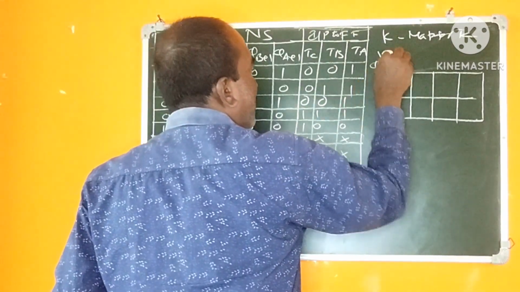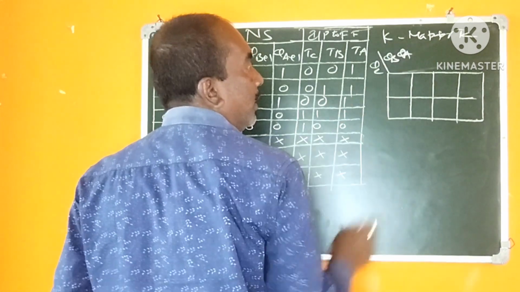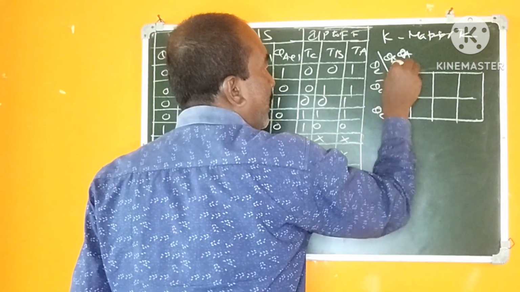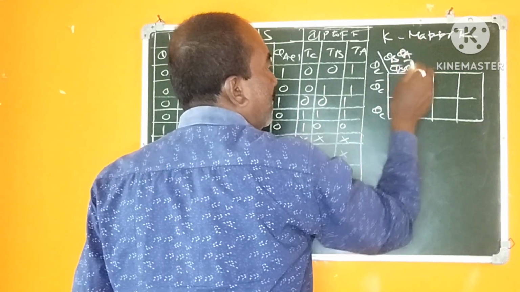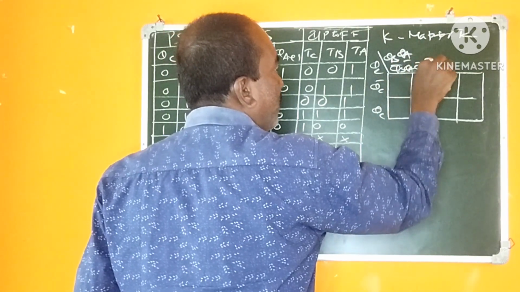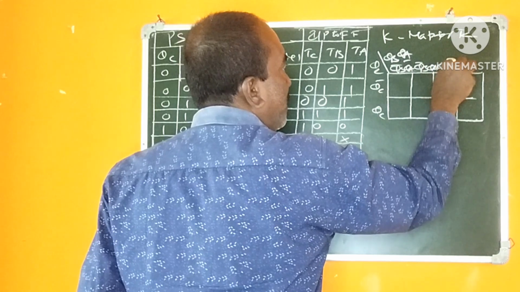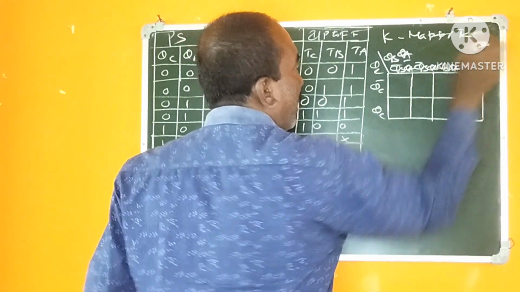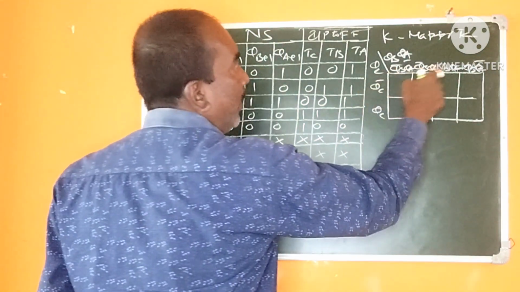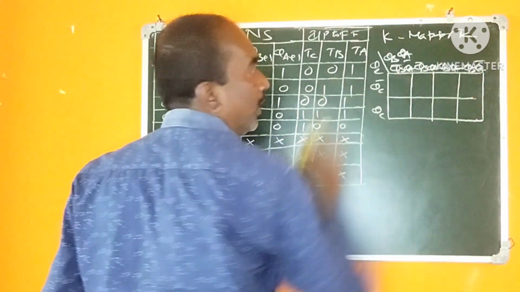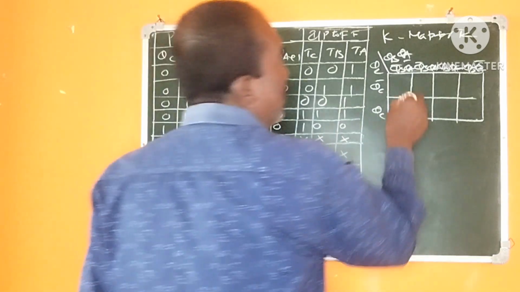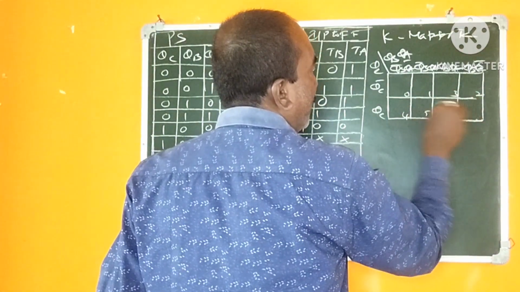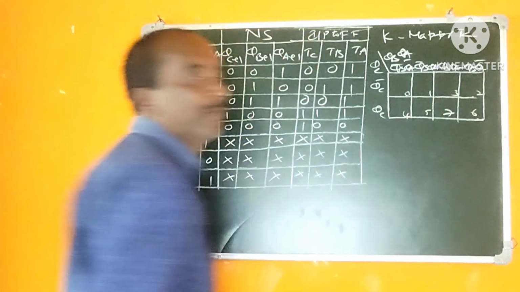It is QC bar and QC. It is QB bar QA bar, QB bar QA, QB QA, and QB QA bar. 0, 0, 0, 1, 1, 1, 0 and 1. I know that it is 0, 1, 2, 3, 4, 5, 6, 7.